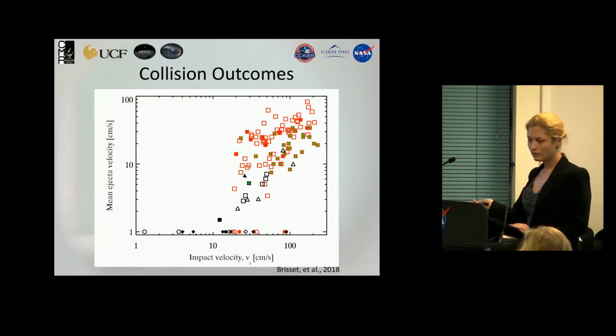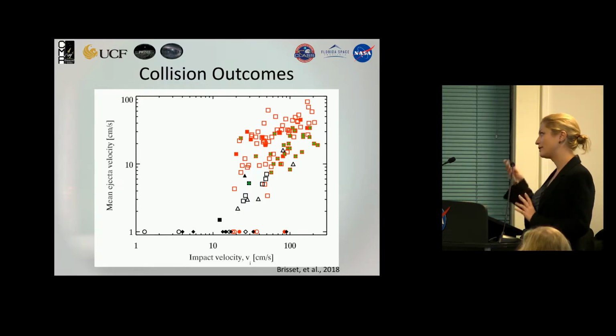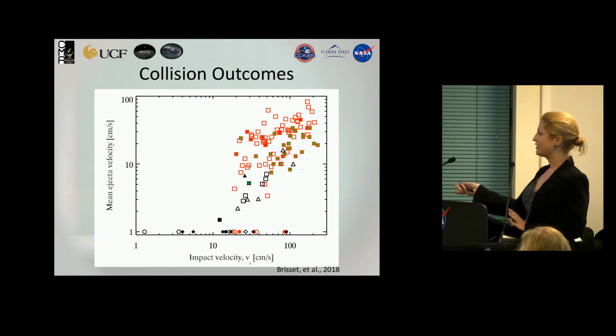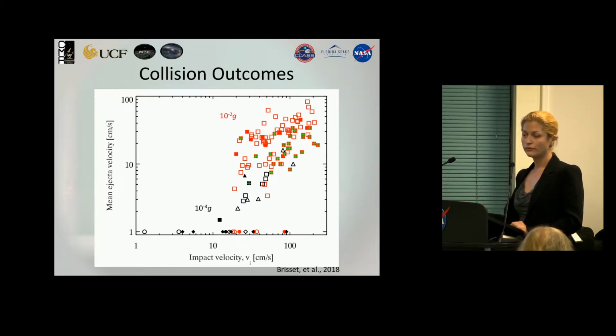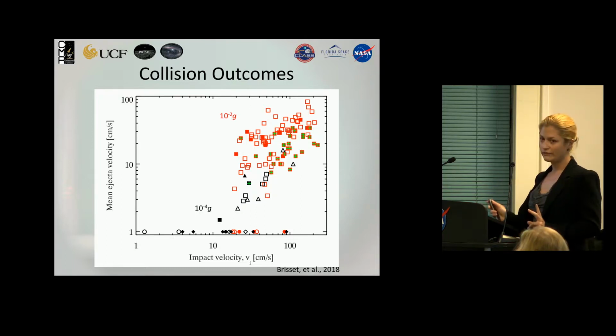And so if we plot all the data that we collected since the 90s, we get this very complex plot. Here I have the mean ejecta velocity versus the impact velocity, and all the impacts that did not produce ejecta are plotted down here. The colors show you the different residual acceleration environments.